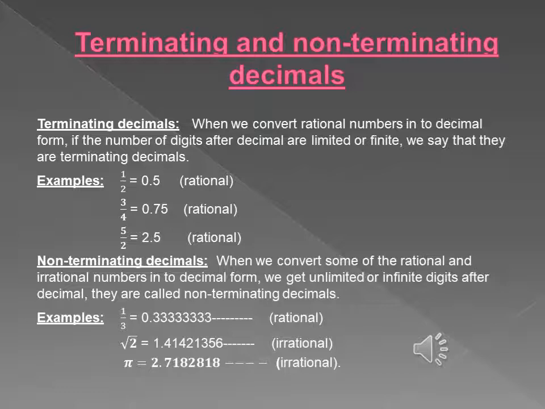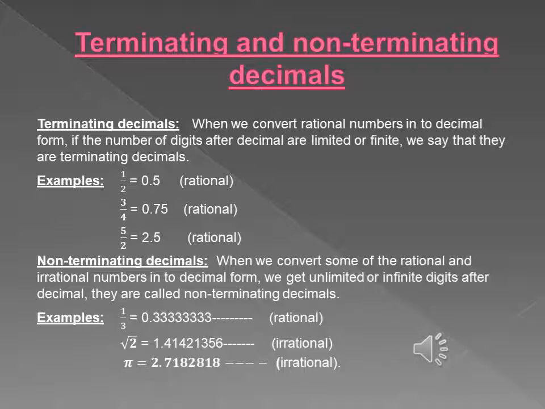If we convert the rational numbers into the decimal form, we observe that the number of digits after the decimal are limited or finite. Then we say that they are terminating decimals.